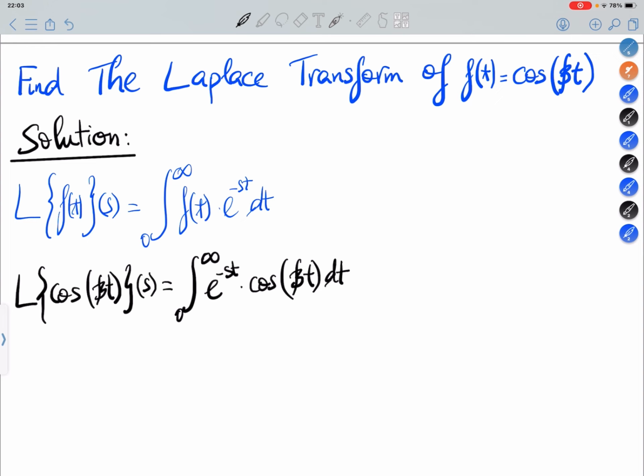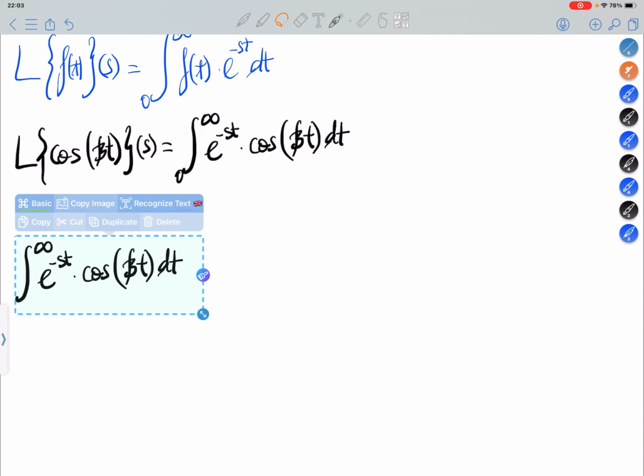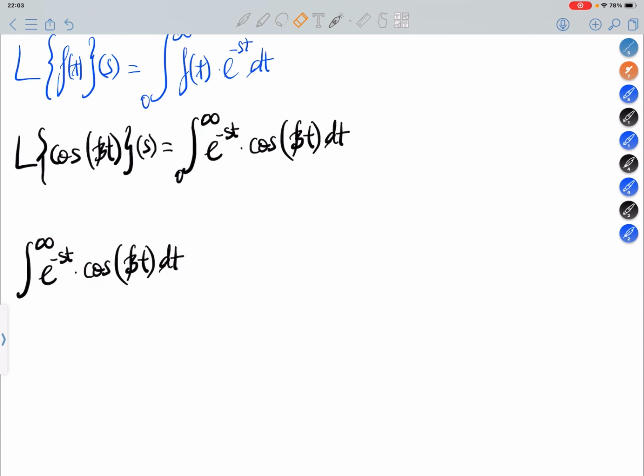So this would be our integral. Now to solve this integral, let's concentrate first on the indefinite integral, which would be the integral of e to the power minus st times cosine of beta t dt.